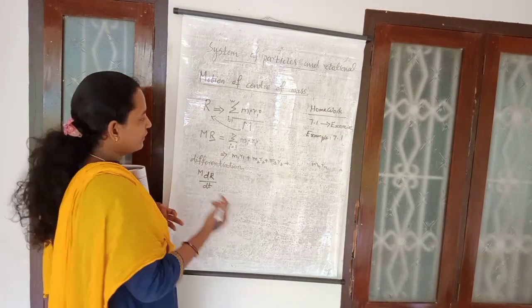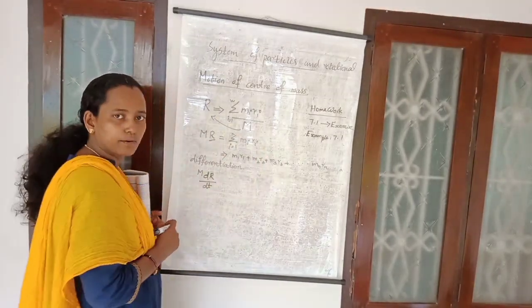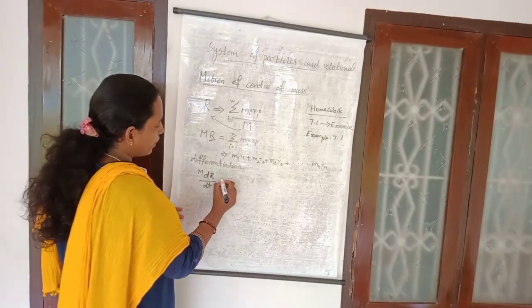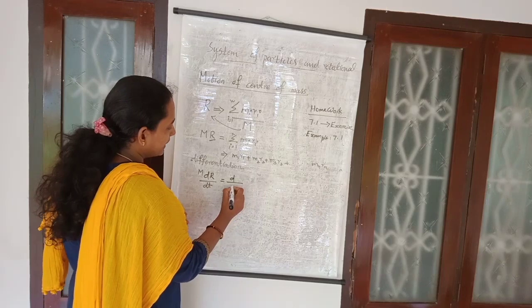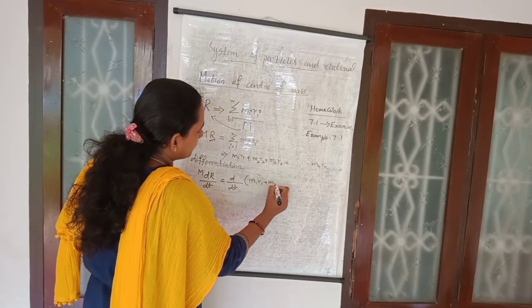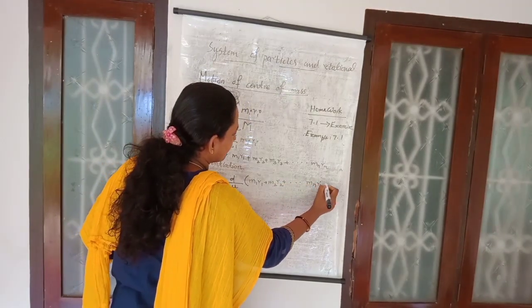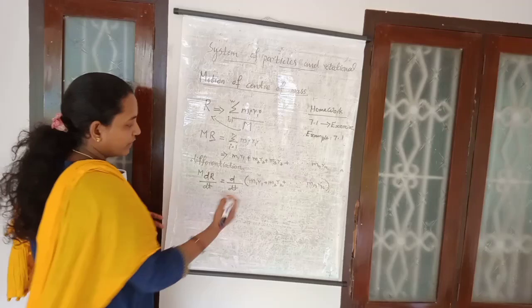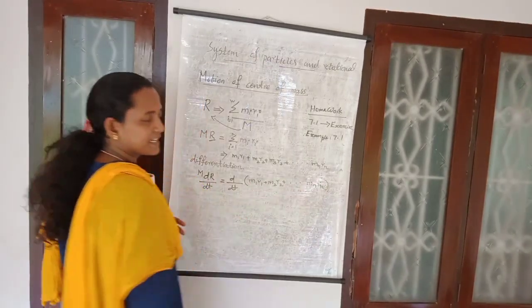Whenever you differentiate on the left side, you have to do the same on the right side also. So you find d by dt of m1 r1 plus m2 r2 plus and so on up to mn rn. For each term you find the differentiation.